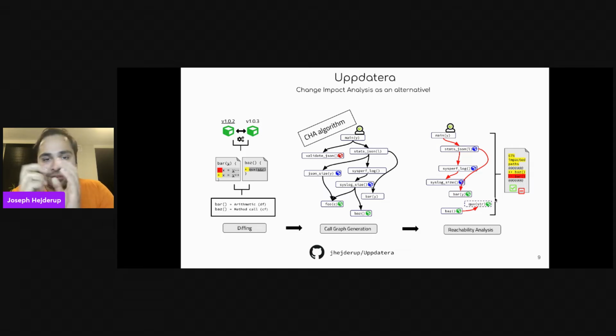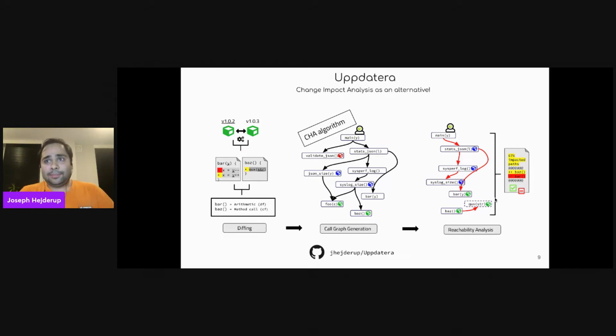In addition to this, I was also looking into using change impact analysis. This is a very quick overview. I first do a diffing between two versions, here version 1.02 and version 1.03, and I find out what the changed functions are. In the second step, I generate a call graph. I was using the CHA algorithm, which means I have an over approximated call graph.